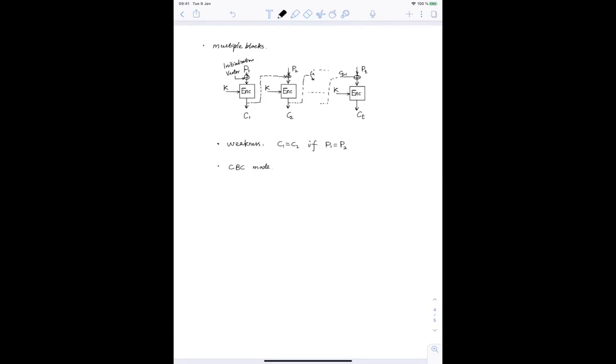Okay, that's the idea of using block ciphers to encrypt large data sets, like encrypting multiple blocks. And then we can recap what we have learned from last lecture on hash functions.